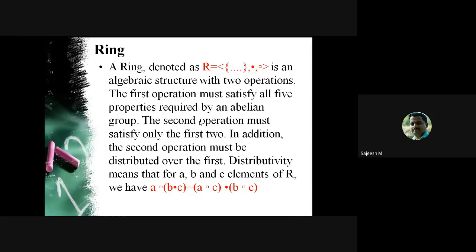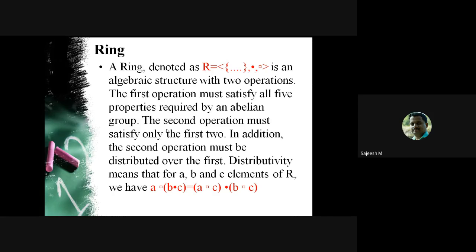There are two operations in this ring, and the first operation must satisfy all five properties required by an abelian group. The second operation must satisfy only the first two.